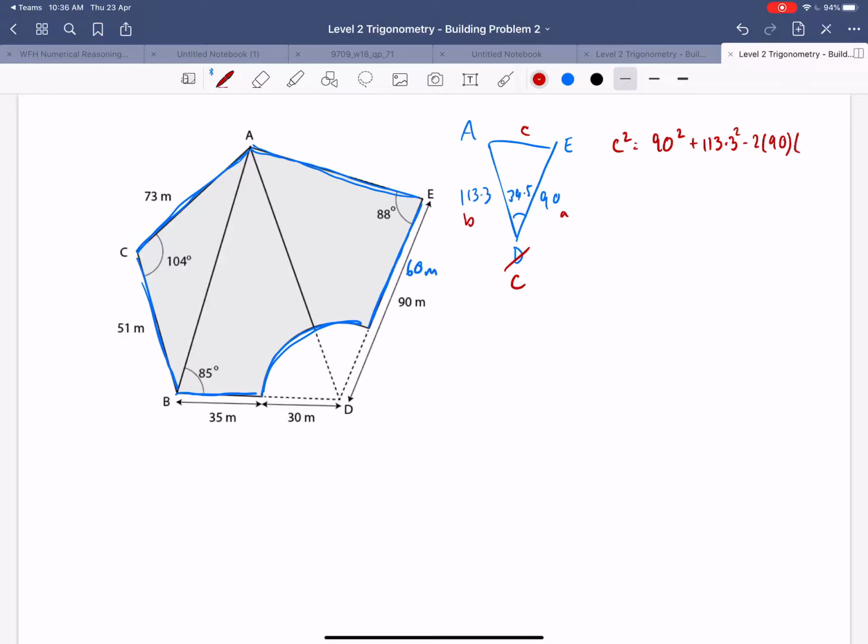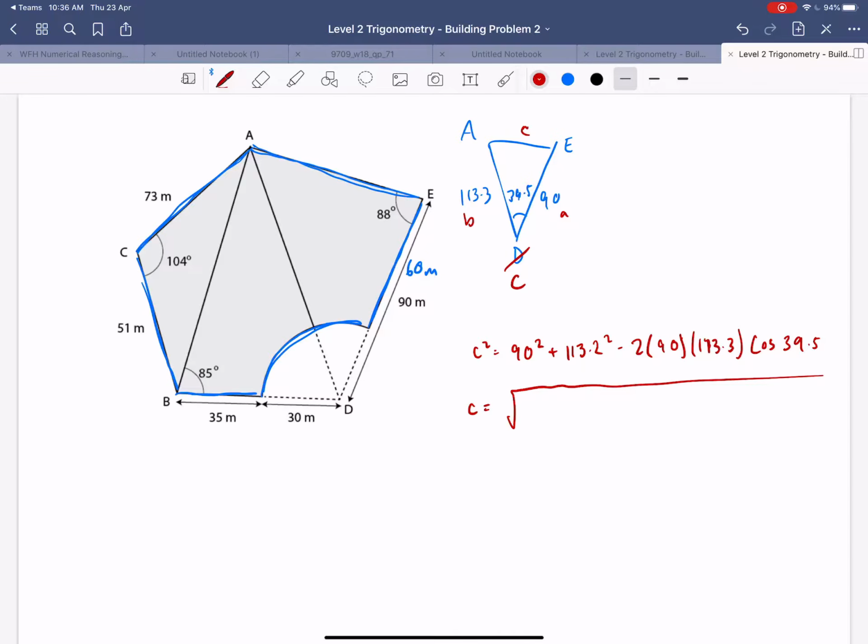I'm running out of room there, I'm going to just write this again somewhere. So c squared equals a squared plus b squared minus 2ab cos C. To find c, square root all of that.